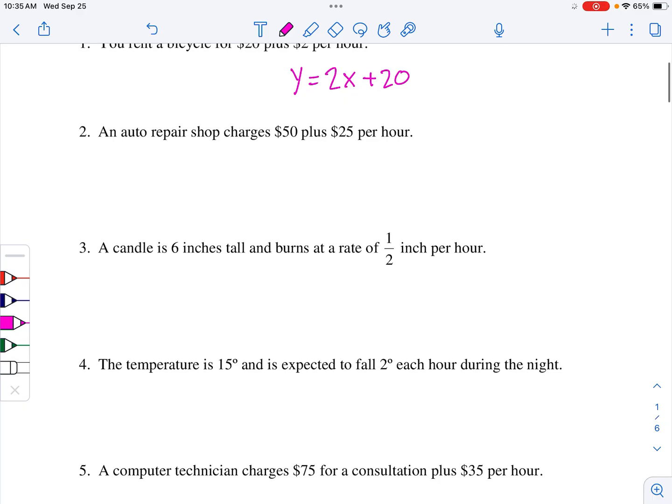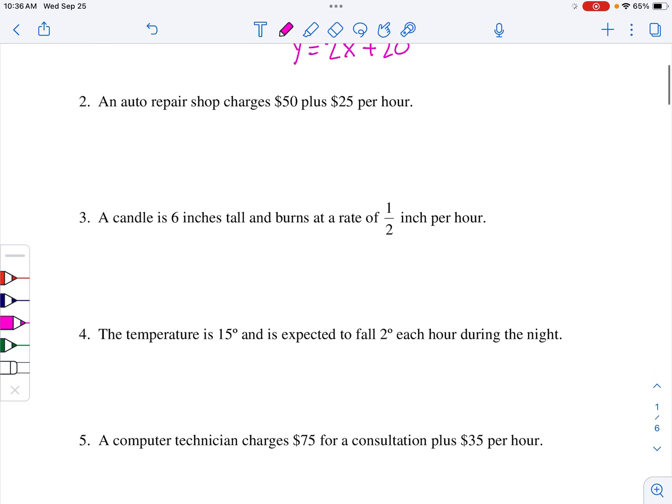We could say a candle is 6 inches tall and burns at a rate of 1/2 inch per hour. So what's happening here, in number 3, is the candle is actually shrinking because it's burning and losing 1/2 inch per hour. So similarly here, your rate of change is going to be 1/2 per hour, but now it is going down. So contextually, we are starting with 6 inches and we're subtracting 1/2 inch for every hour.